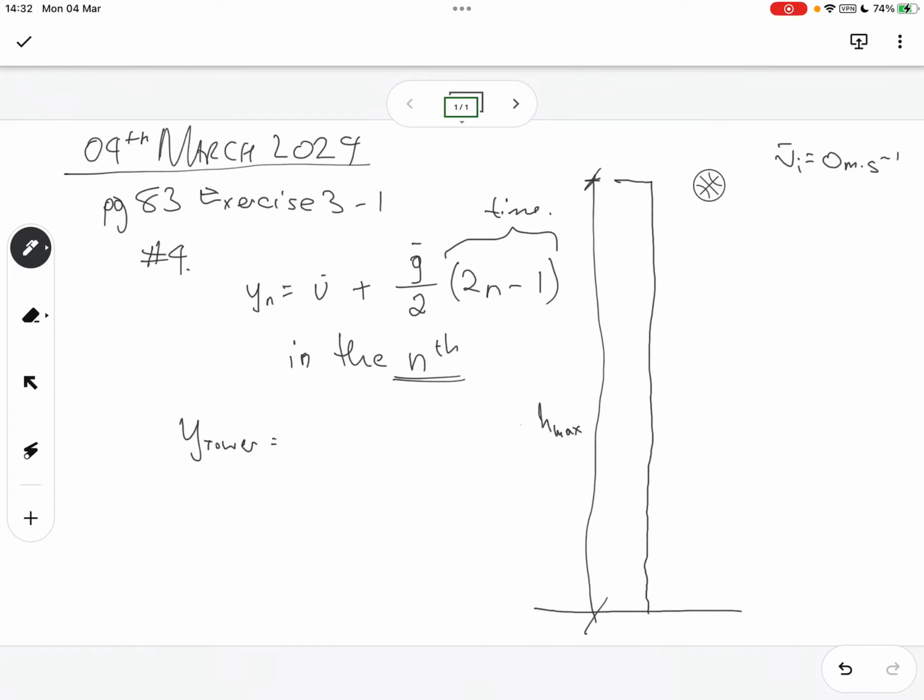So let's look at this differently. So we know that our height of the tower will equal what are those equations? Which equations? The ones for one-dimensional motion. Yes, those ones.